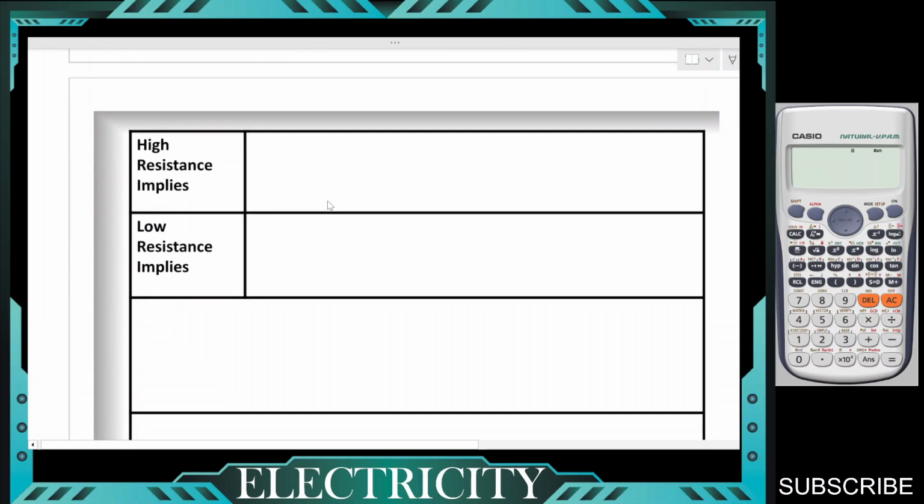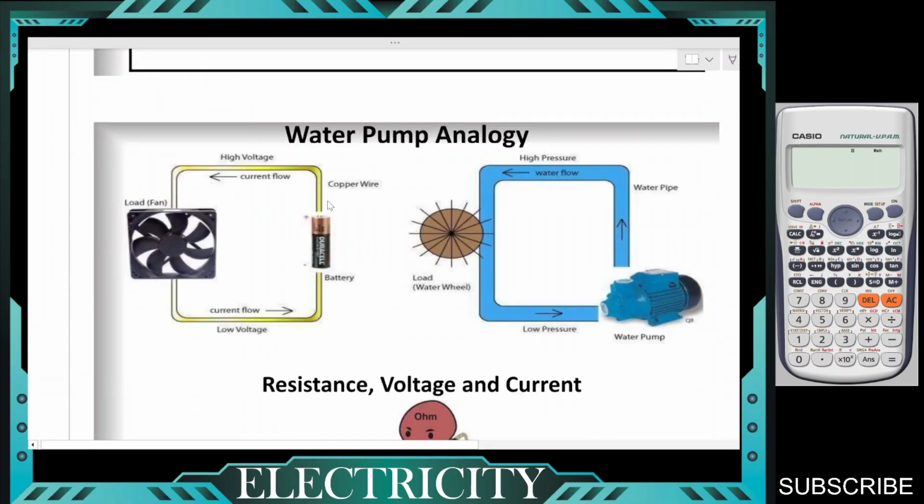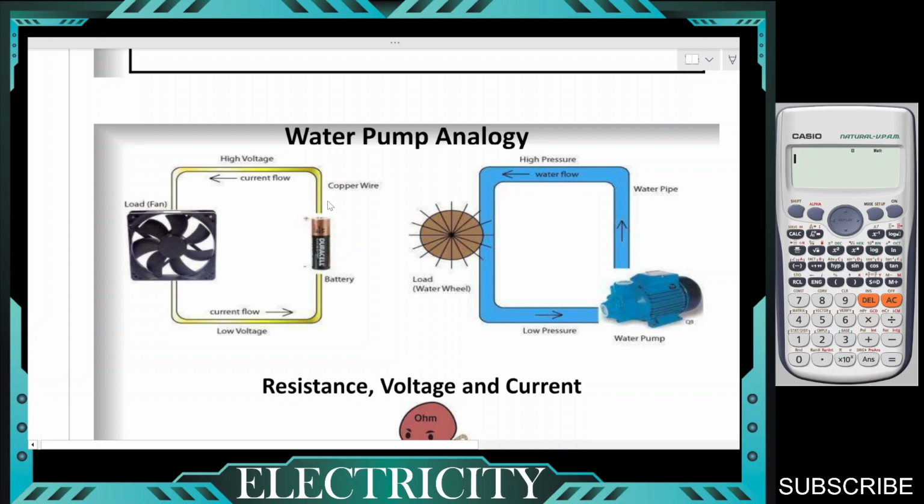Just a quick overview. High resistance implies more opposition to the flow of electrical charges, which are primarily electrons, and hence the lesser the current. And for low resistance, it would be the other way around. And then you have the water pump analogy.